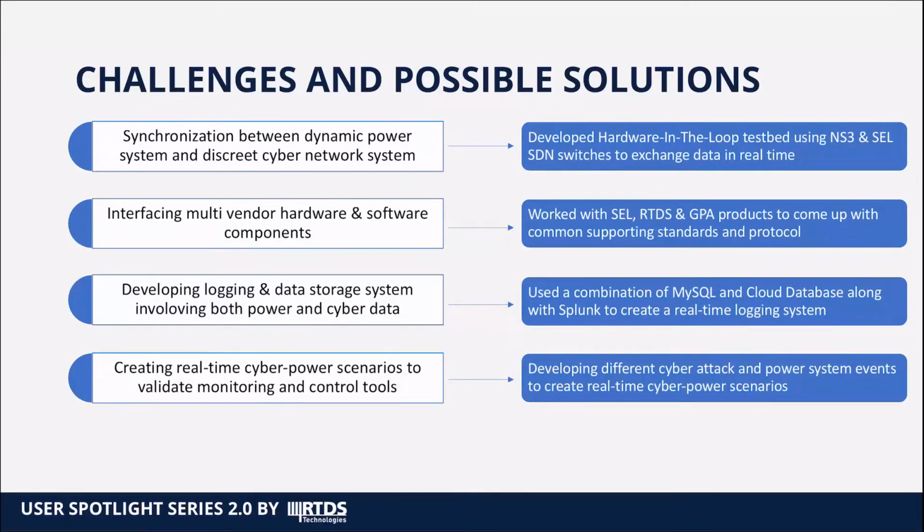For this we have different solutions, and the solution differs according to the type of testbed we need to develop. In our case, we have developed a hardware-in-the-loop testbed, using NS3 and ACL software-defined network switches to exchange data in real time to solve this synchronization problem.